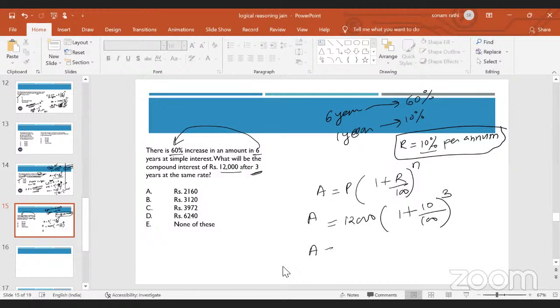Amount will be 12,000 into (110 by 100) to the power 3. 12,000, 0 cancel, into 11 into 11 into 11 upon 10 into 10 into 10. So this is cancelled with this. 12 into 11 cube. How much will be 12 into 11 cube?